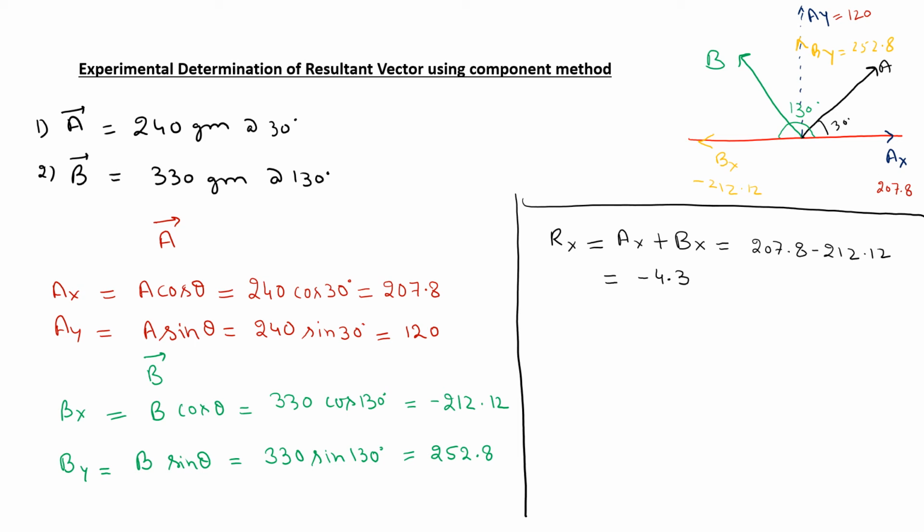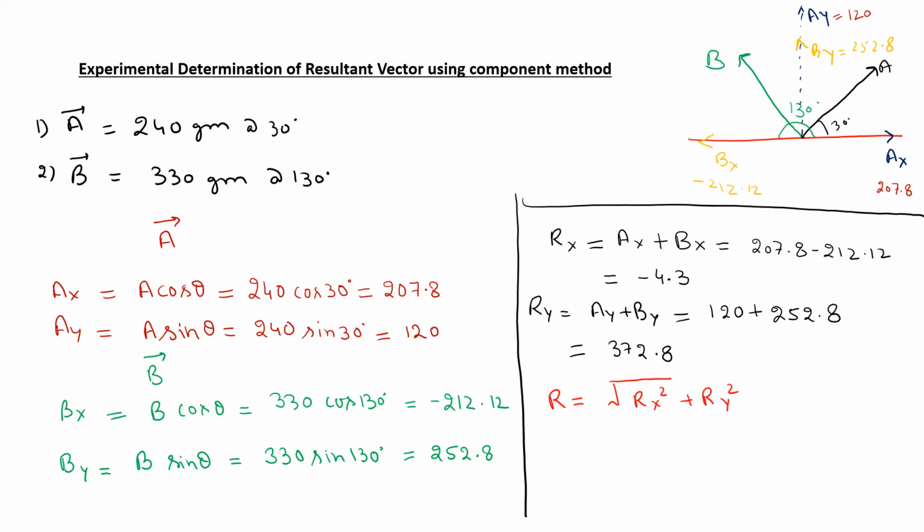Now R of y, the y component, will be A of y plus B of y. So you add these two numbers, 120 plus 252.8, and you will get 372.8. Now we have the components of the resultant, and we can find the total resultant by using this formula.